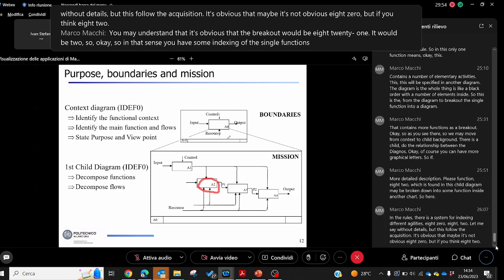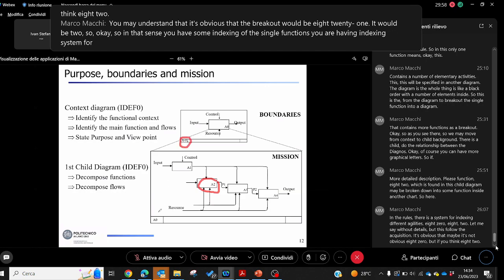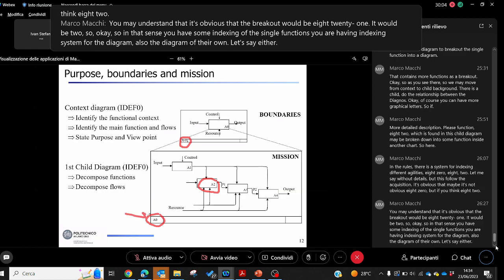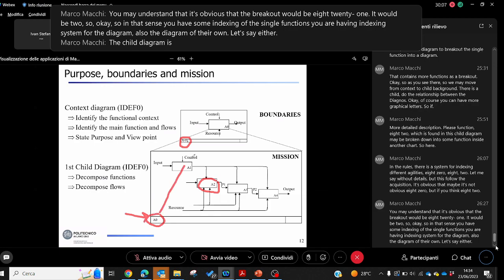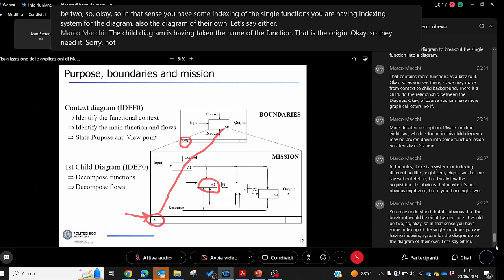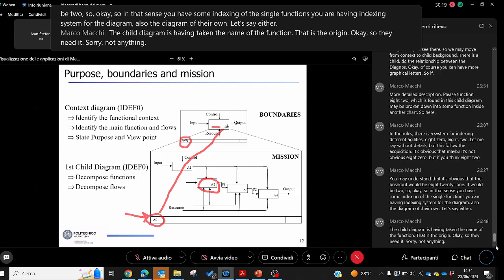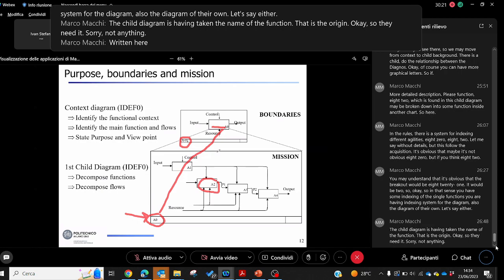You also have an indexing system for the diagrams. The diagrams have their own index. The child diagram takes the index of the function that is the origin. Sorry, not the name, the index. Names are written inside the box.